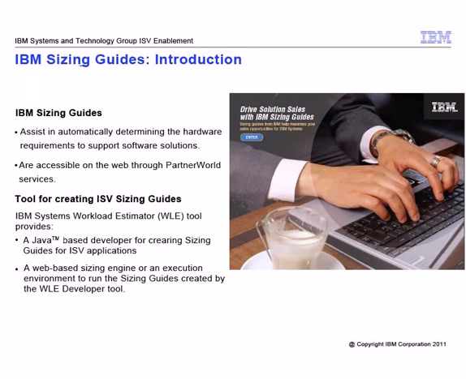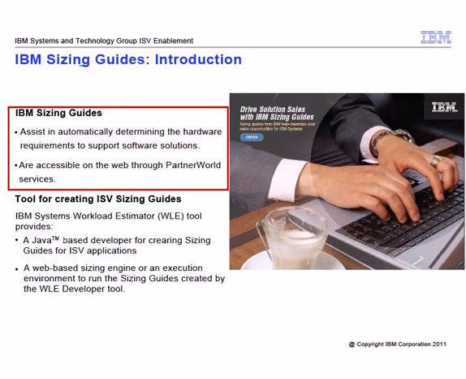Having the right sized hardware for your software solutions can make all the difference between a successful sale and a lost opportunity. It sets the correct customer expectations. IBM Sizing Guides are sizing templates that are created for sizing IBM systems hardware based on ISV application and workload characteristics.